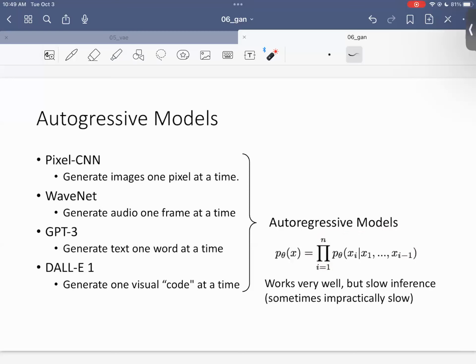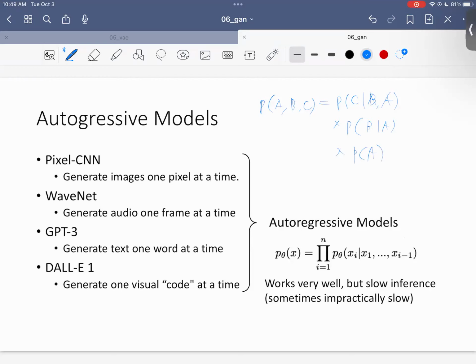If you remember basic probability theory, well, let me just write it down: P(A, B, C) can be broken down into P(C given A, B) times P(B given A) times P(A).